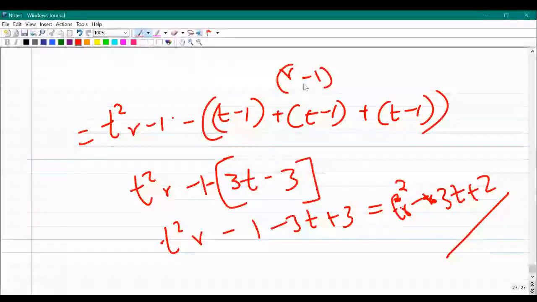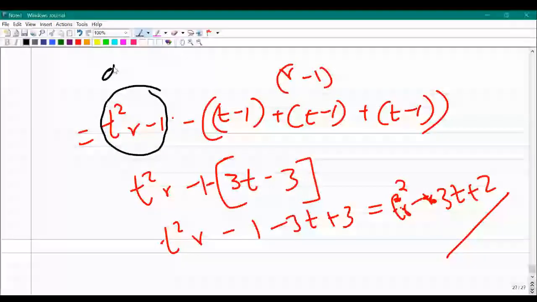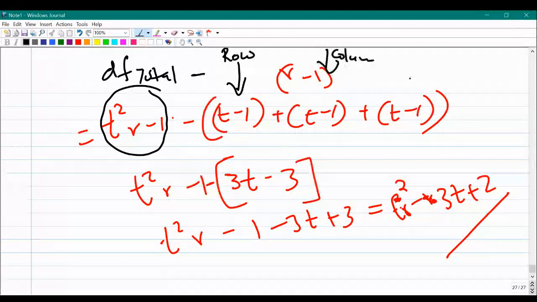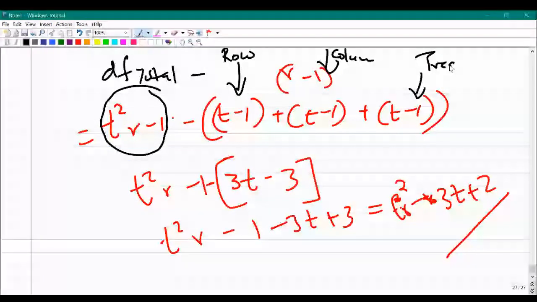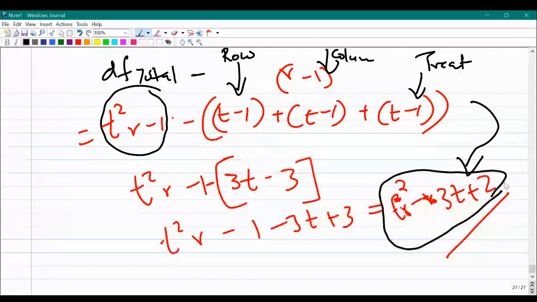To find the degrees of freedom of error, you take the degrees of freedom of total, minus row, minus column, minus treatment, which gives you this. So the degrees of freedom of error is t squared r minus 3t plus 2.